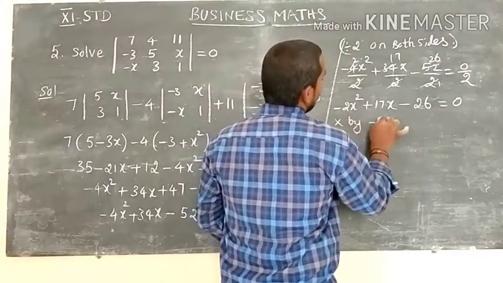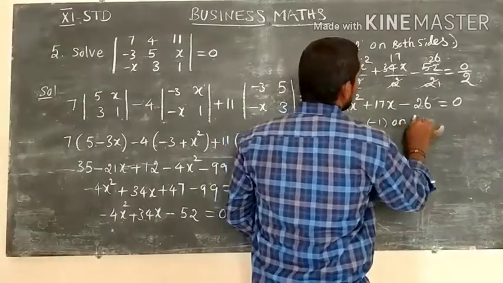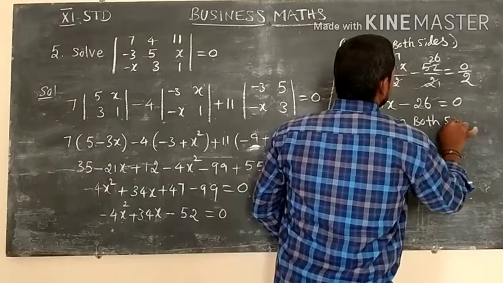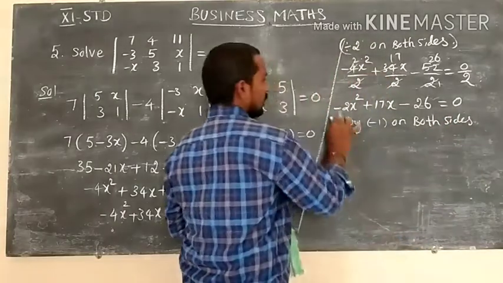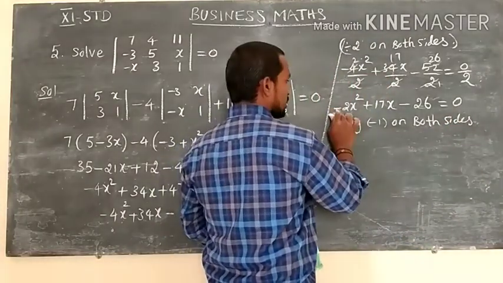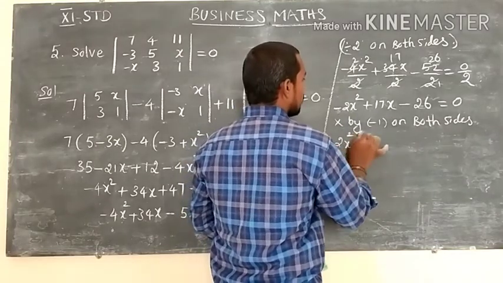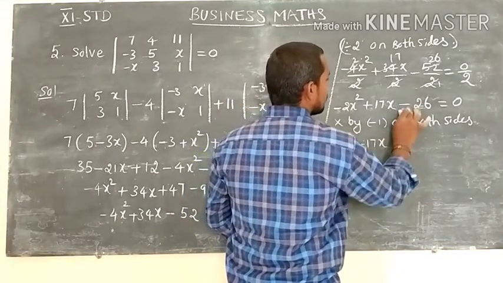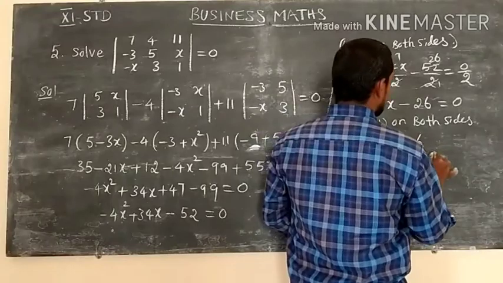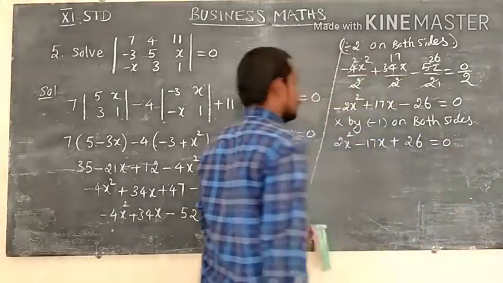Multiplying by minus 1 on both sides, minus changes into plus: 2x squared minus 17x plus 26 equal to 0.